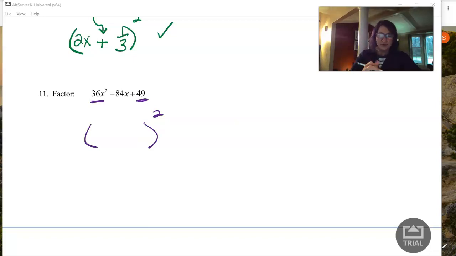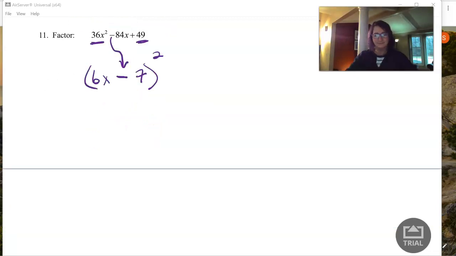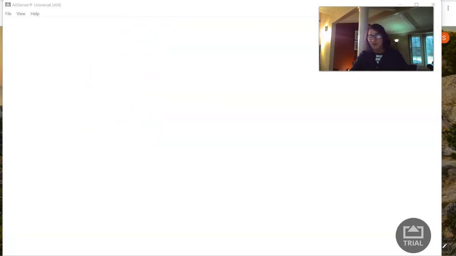Now the square root of 36 is 6, and then it's 6x. And the square root of 49 is 7. Take the sign between the first and the middle term, and that's going to be the sign that we use in our binomial. So now you have enough information to do really well.